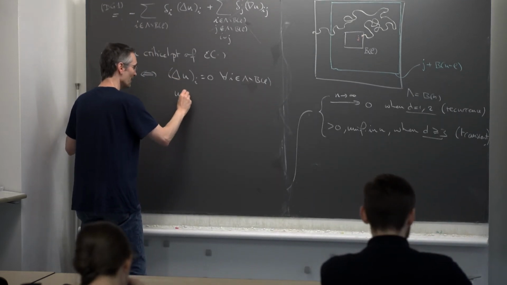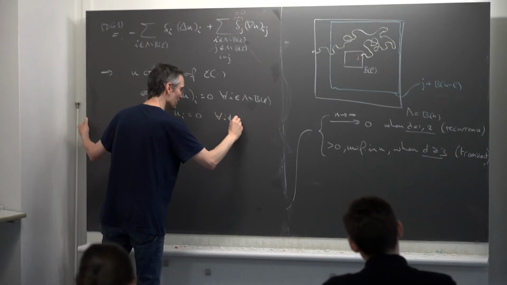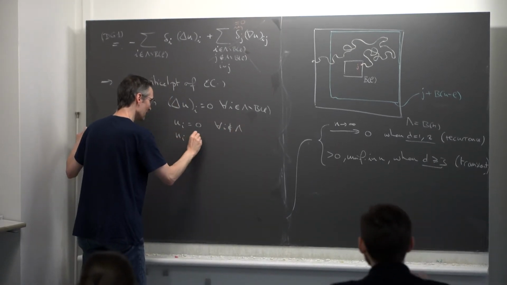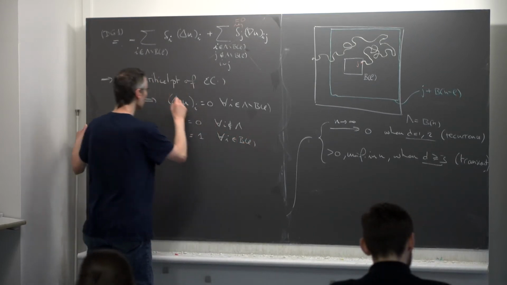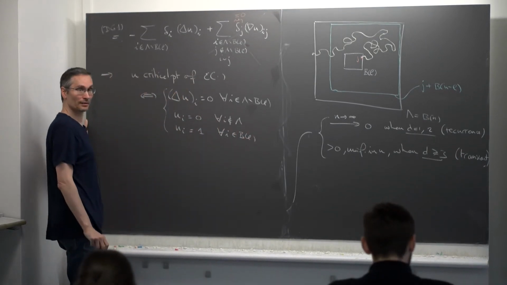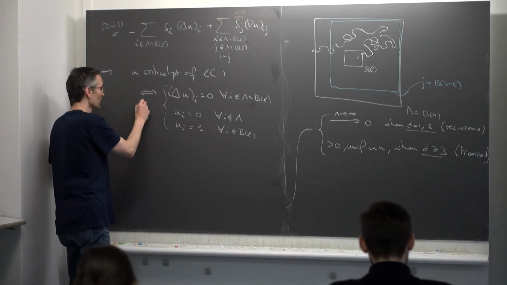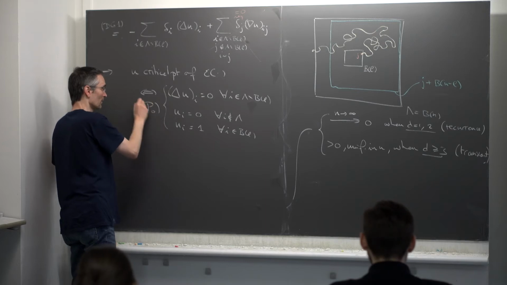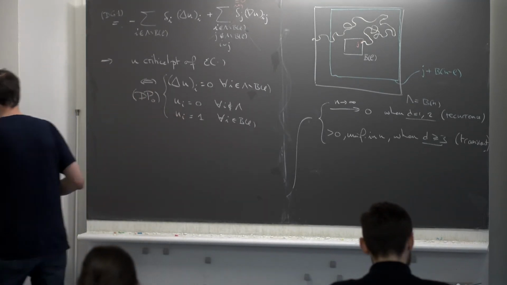So u_i is 0 for all i not in Lambda, and u_i is 1 for all i in B_L. So what you get is exactly the massless Dirichlet problem with this particular boundary condition. But we already solved it, right?